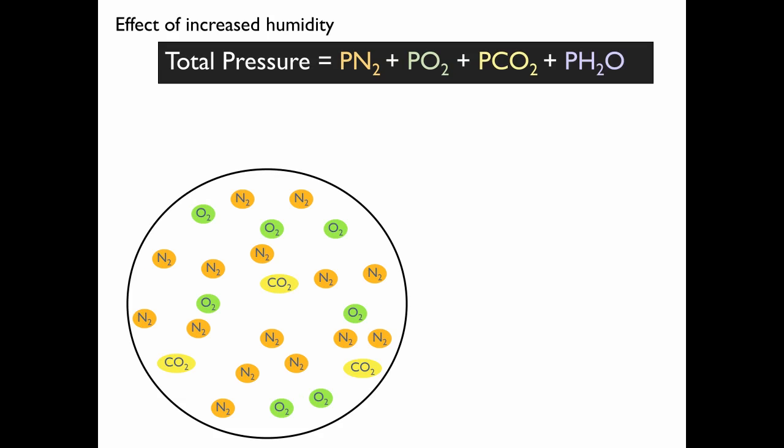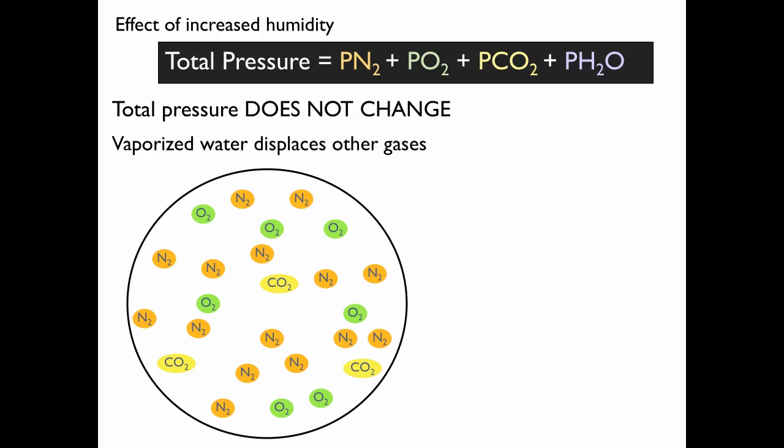If we added some water vapor into the mix, the total pressure would still be the same, 760 millimeters of mercury at sea level. But now those pressures would be contributed from four gases: nitrogen, oxygen, carbon dioxide, and now water. So again, total pressure does not change, and the vaporized water molecules displace other gases.